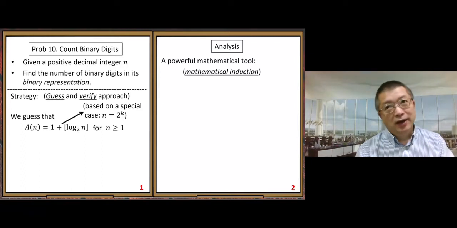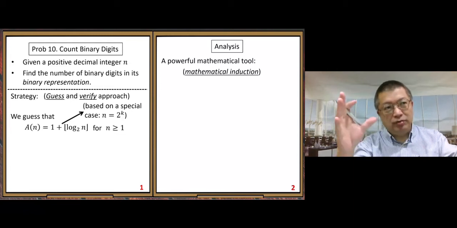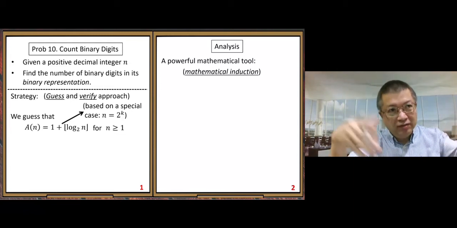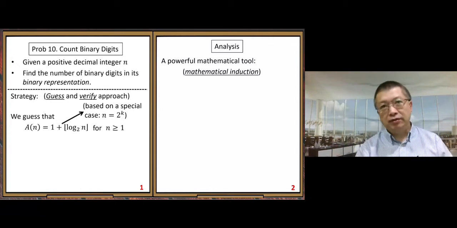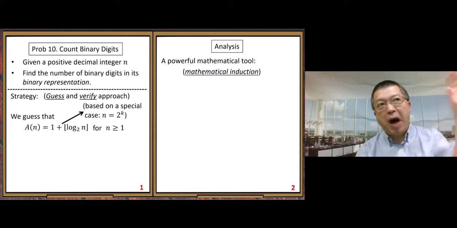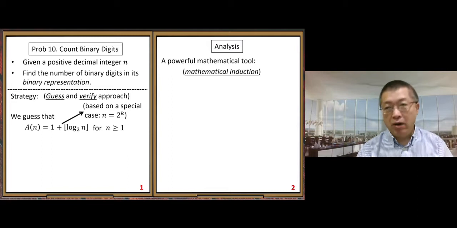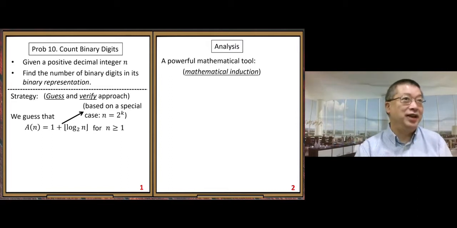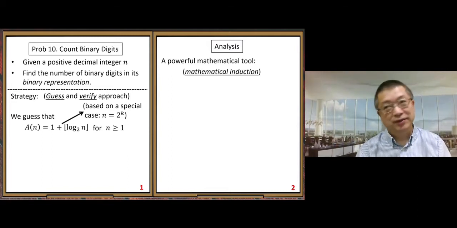In discrete math, you have one chapter completely devoted to mathematical induction. It is pretty hard, but extremely powerful. Now we need to use its power. Otherwise, how can you prove it? It's not easy to prove.